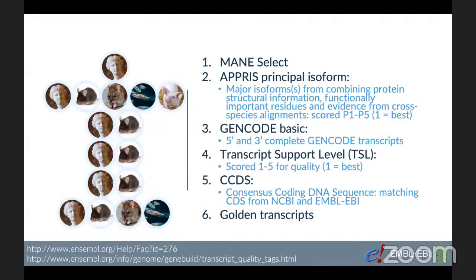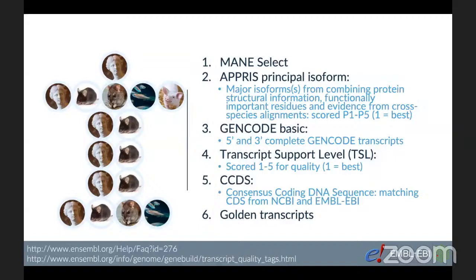They have slightly different priorities, but it's a similar focus. So they look at protein structural information and presence of active sites, but also cross-species alignment, and score transcripts from 1 to 5, with 1 being the best. So 1 stands for P1, the principal isoform, but there are some additional ones as well.